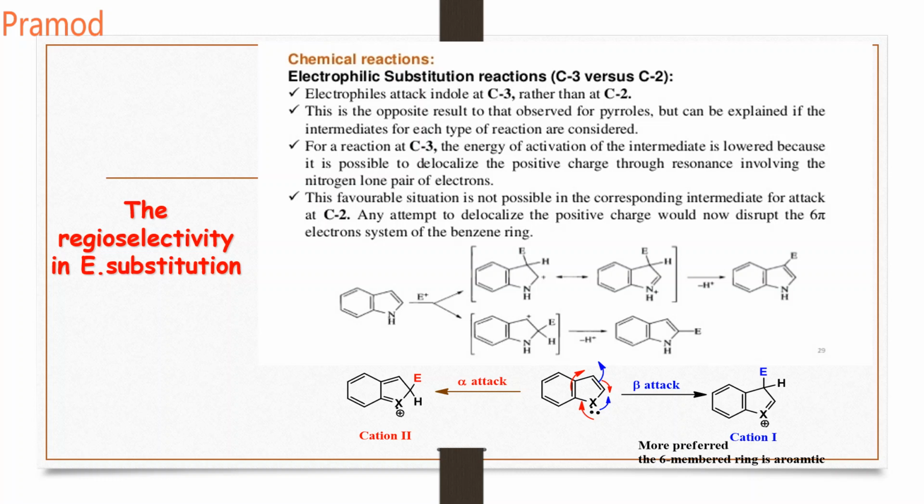And moreover, in case of C3 addition, there is extra stability from the nitrogen. If you see, in case of C3, the charge is stabilized by the nitrogen, whereas in case of C2, the charge is not stabilized by the nitrogen atom.